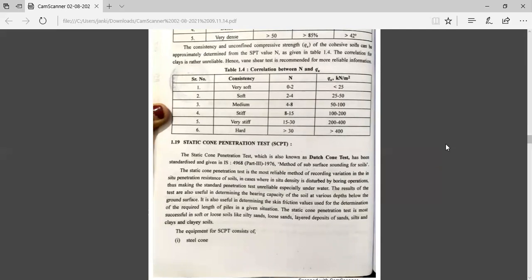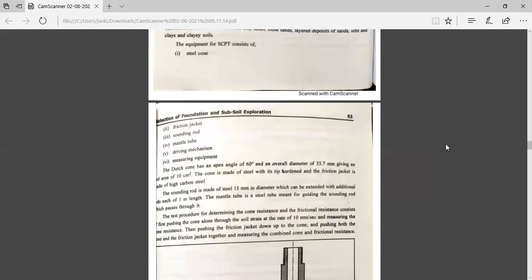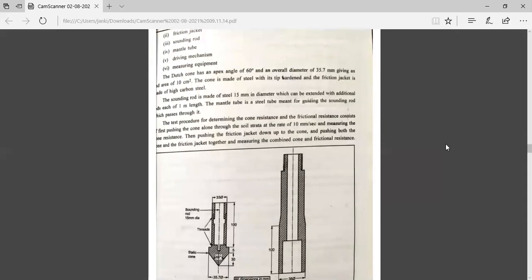The equipment used for the SCPT mainly consists of a steel cone, friction jacket, sounding rod, mantle tube, driving mechanism and measuring equipment.